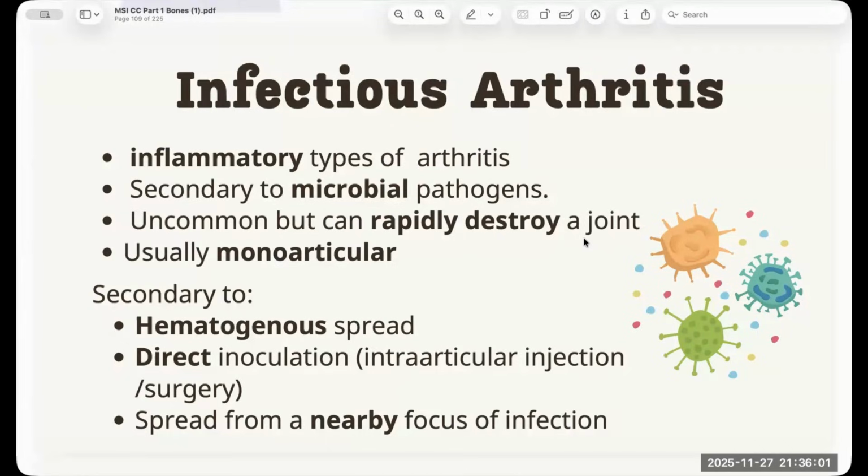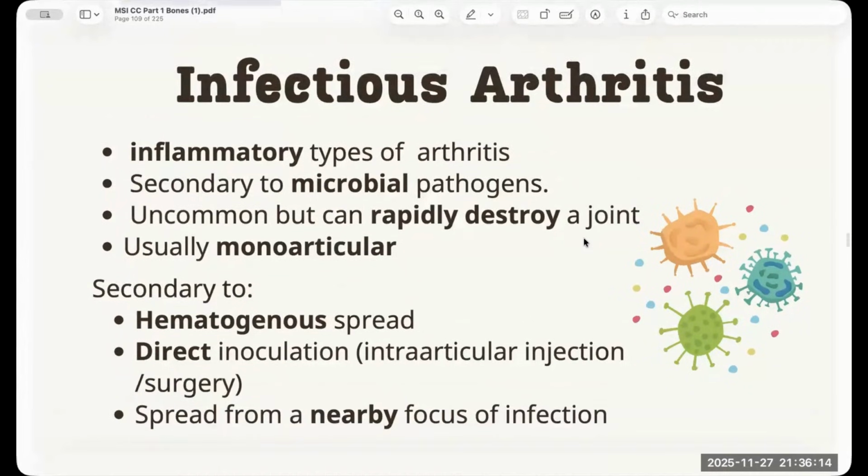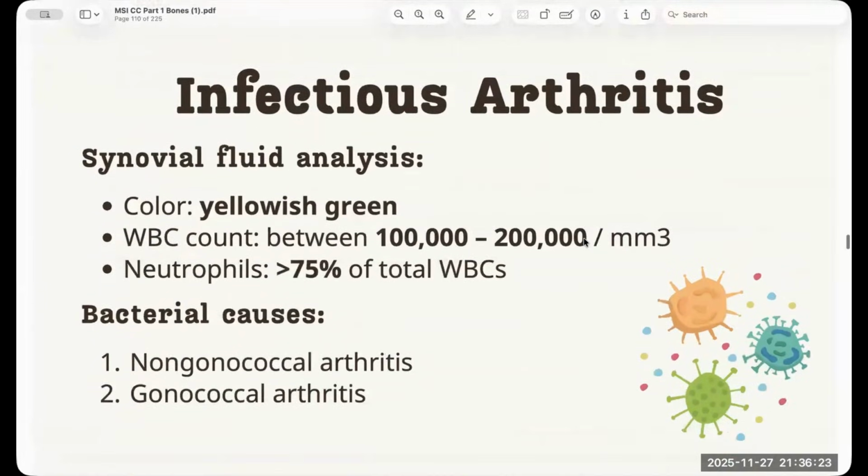So if needled, the joint can also be infected. Infectious arthritis can also spread from a nearby focus of infection. Okay. On synovial fluid analysis, you will see a yellowish-green color. This shows infection, and of course, a high count.